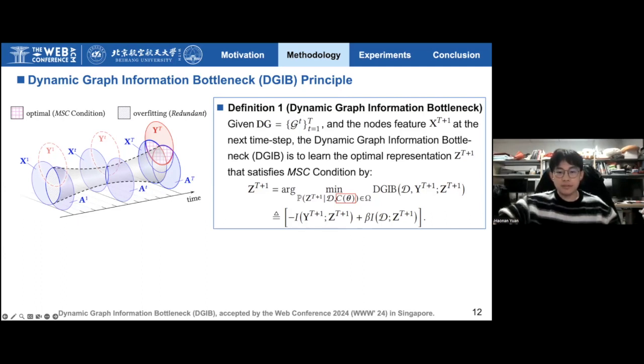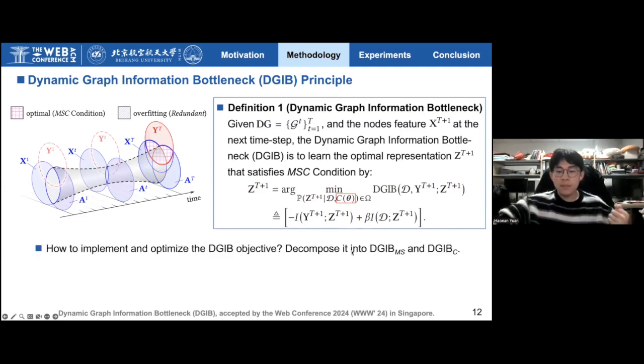As the most common but also the most challenging problem in the graph information bottleneck, how to implement and optimize the DGIB objective, as the two mutual information terms are not directly tractable for non-Euclidean dynamic graphs.